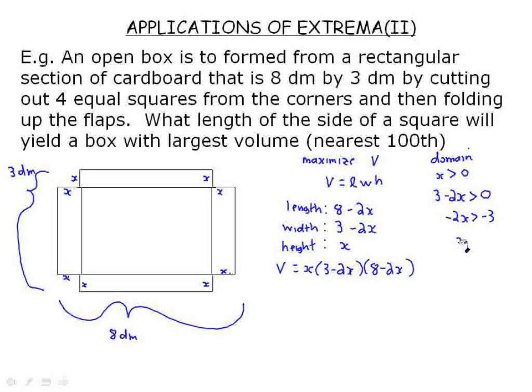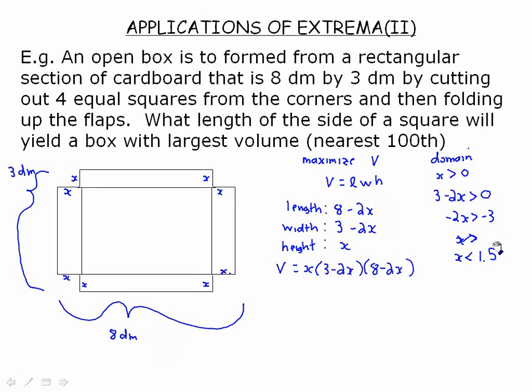When you divide by negative 2, the inequality flips, and x will be less than 3 over 2, or let's call this 1.5. Don't think too hard about that. It makes perfect sense, right?